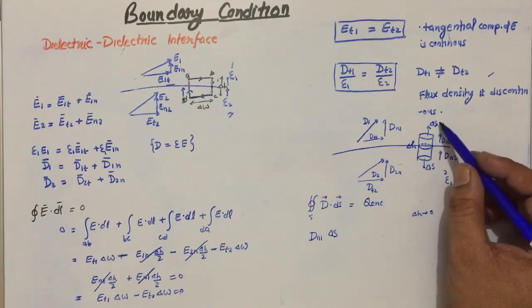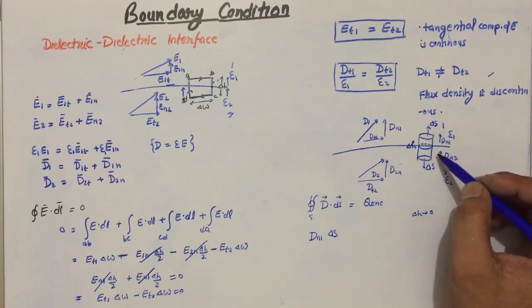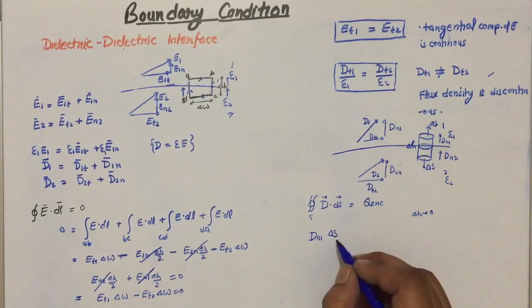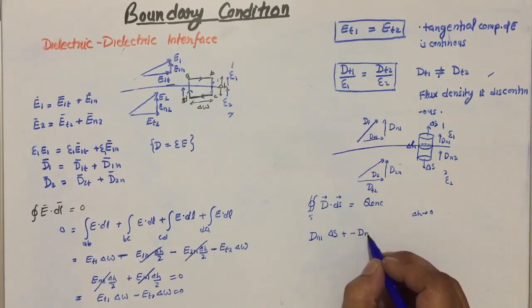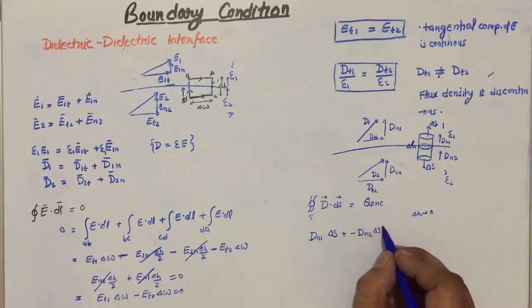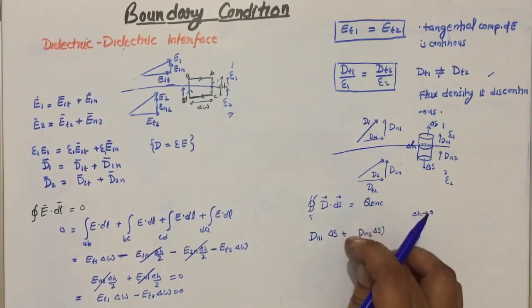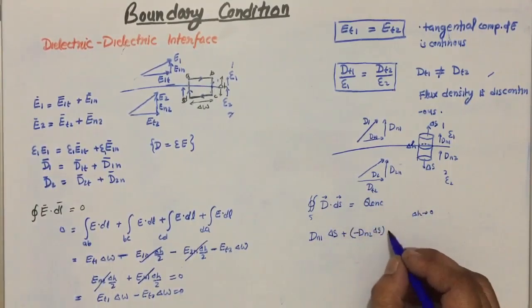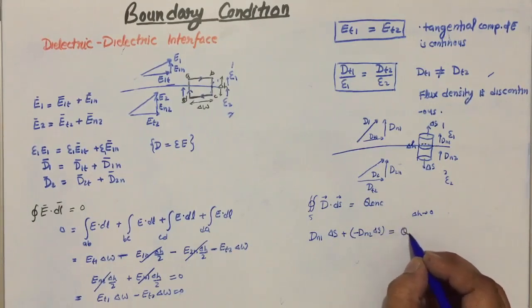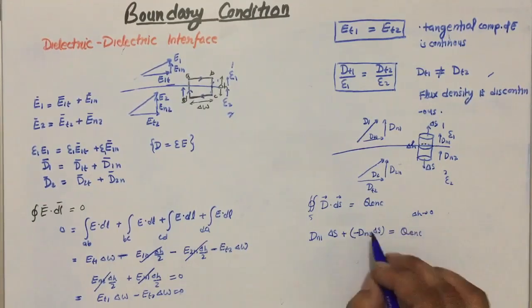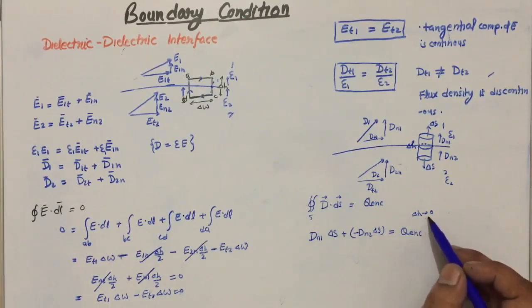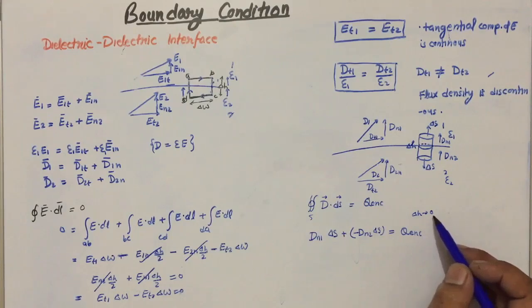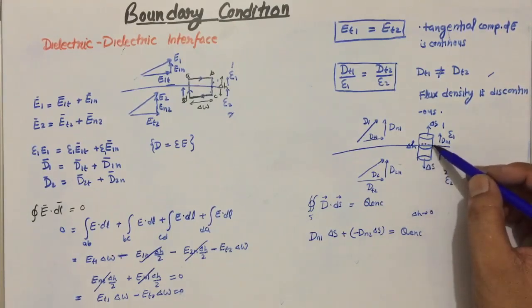So this will be positive and this will be negative. So Dn1 del s plus minus Dn2 del s will give the charge enclosed, as there is no flux from the third surface.